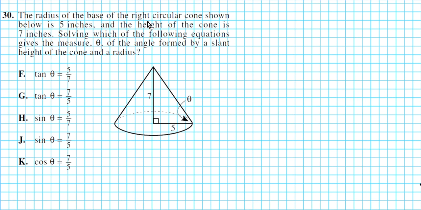Now, let's go ahead and set up our equations. Before we do that, we need to state the relationship between any two sides and an angle of a right triangle. Okay, so something that's very important that you need to keep in mind for the ACT exam is SOHCAHTOA. Okay, well, what does SOHCAHTOA mean?